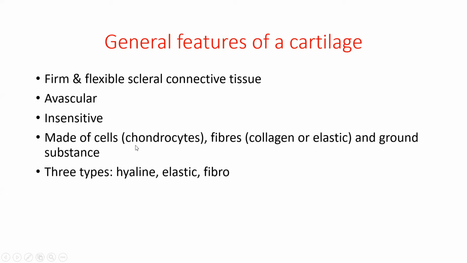The cells are called chondrocytes and are found in lacunae. The fibers are either collagen or elastic. The ground substance is basophilic and is composed of chondroitin sulfate, glycoprotein, electrolytes, and water. Cartilage is of 3 types, namely hyaline, elastic, and fibrocartilage.